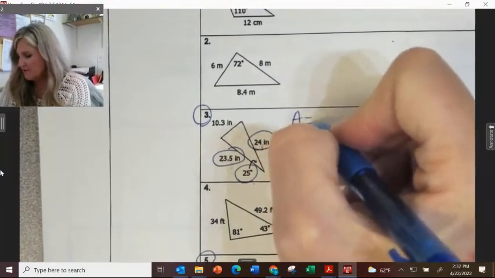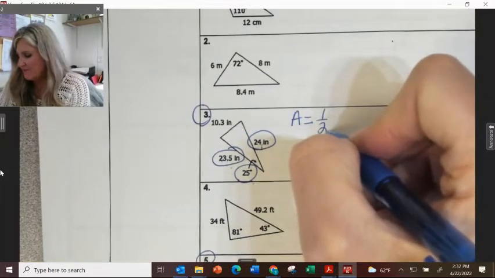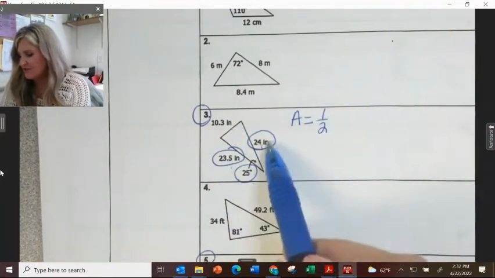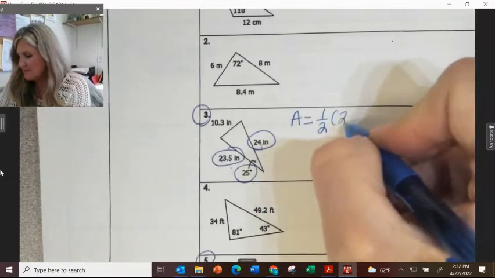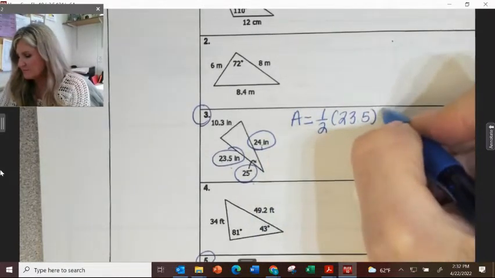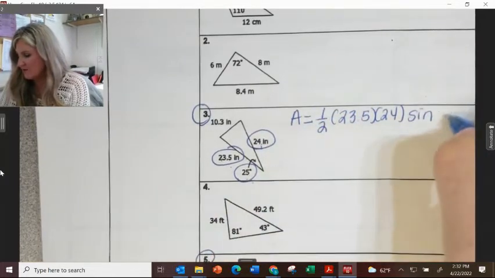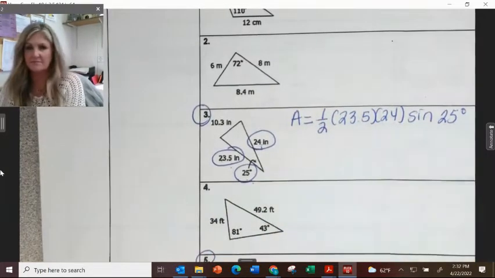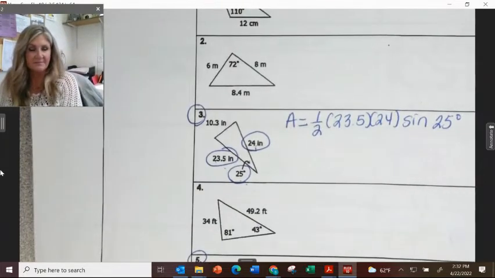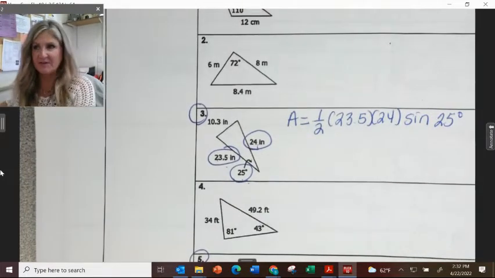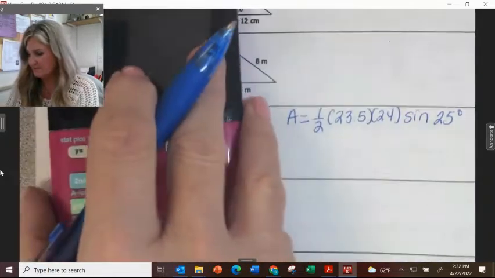So our area formula then is going to go 1/2, and I just have to use these two sides and then times the sine of this angle. So now try typing that into your calculator.